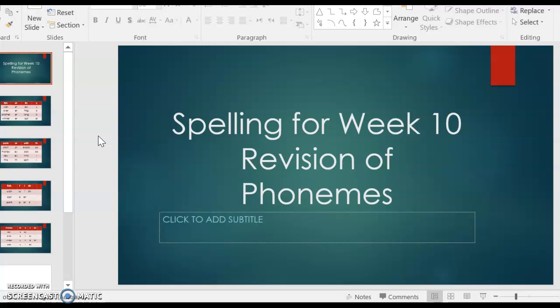So this is our last week. And because it's our last week, this is called revision. And revision means going back over some of the words we have covered during the term. So your spelling will look like this.